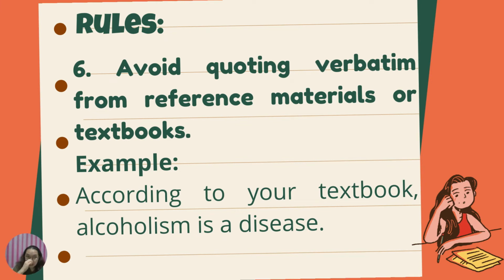If we quote verbatim from their books, we are just prioritizing memorization, or we are just letting our students memorize what is inside the book that they have. We are not prioritizing understanding. We are not prioritizing comprehension. Alright? So we should avoid quoting verbatim from our reference materials.